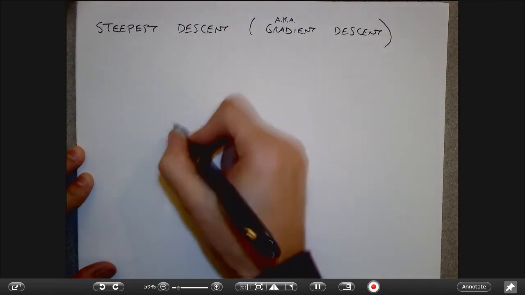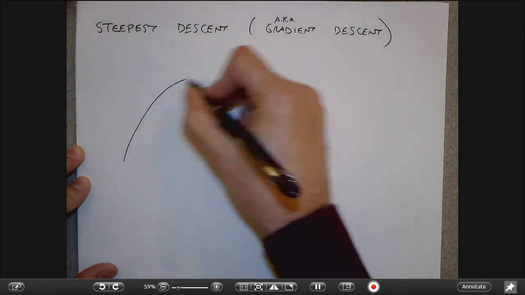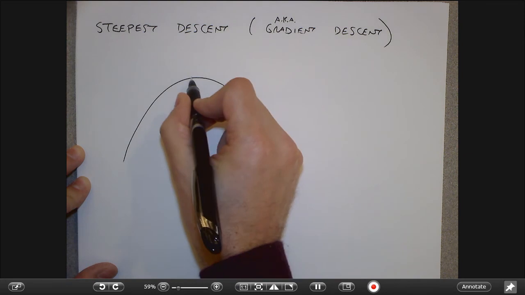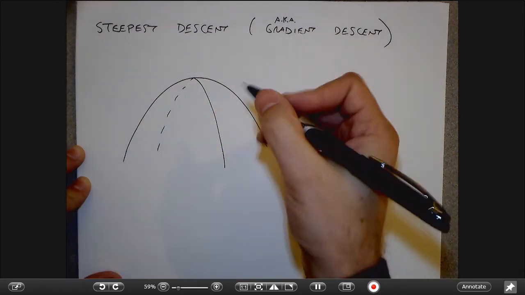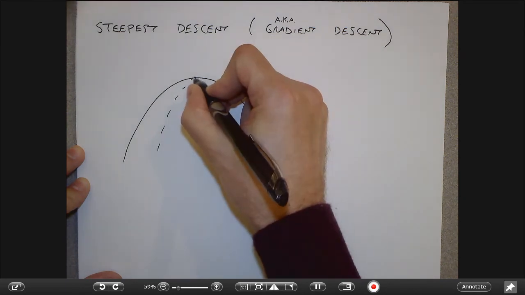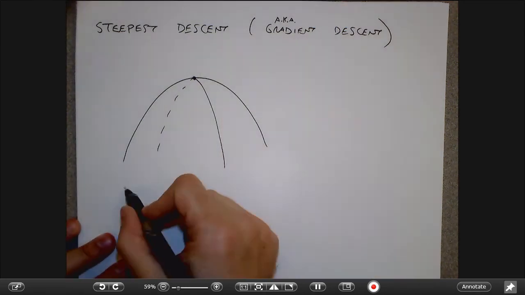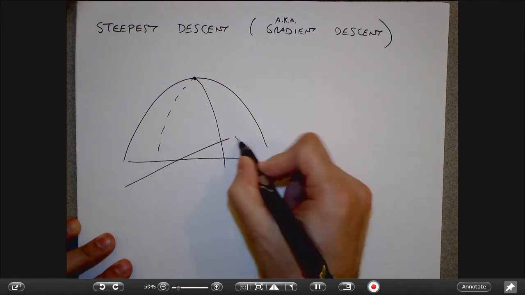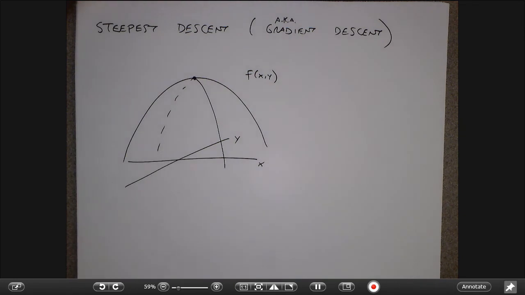Suppose I have some sort of cost function like an upside down bowl, and I want to interpret what the gradient means at a certain point. It's a function of x and y. In third semester calculus, you talked about the directional derivative of a function.